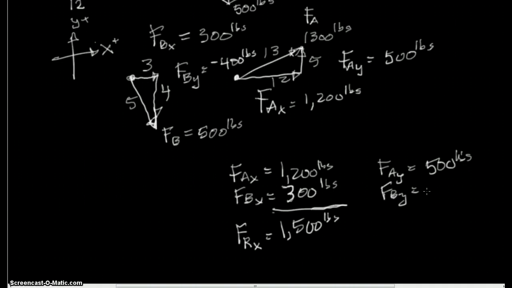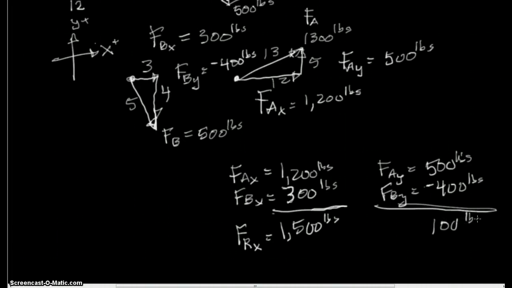In essence, it's negative 400 pounds, because it's in the opposite direction. Makes it clear. And that is 100 pounds. This is going to be the resultant force, and I call it FR, in the y direction equals 100 pounds.